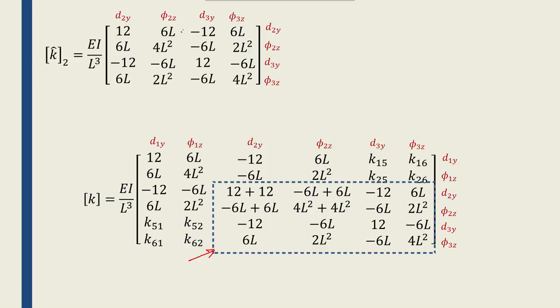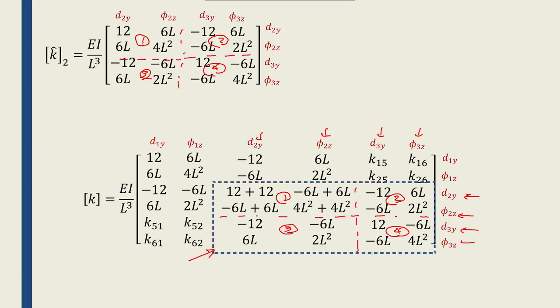So if I divide this into four 2x2s and label them 1, 2, 3, 4, it would be equivalent to 1, 2, 3, 4 in the local matrix. And it can be easily distinguished by looking at the displacements at each row and column.